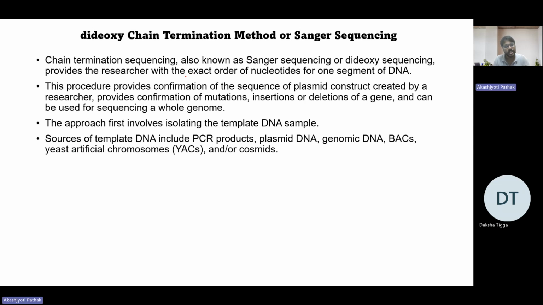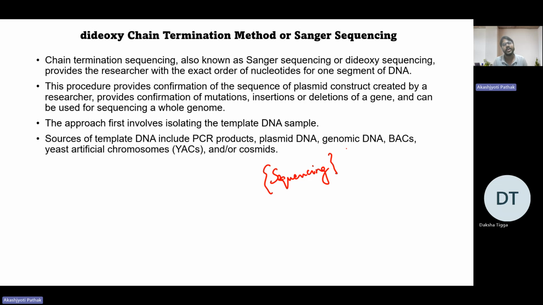Once you have screened everything and done all these different methods, one of the most confirmatory methods by which you can say for sure that your recombinant DNA has the cloned gene of interest is sequencing. Whatever else you do, those are not acceptable on their own. Ultimately, you have to do sequencing and show that your sequencing result has shown that your recombinant DNA has your gene of interest.